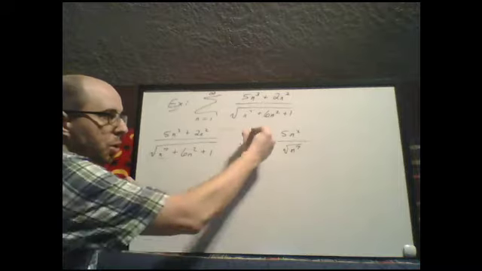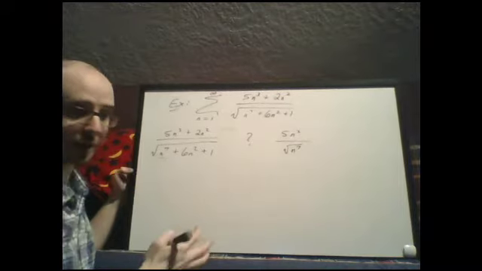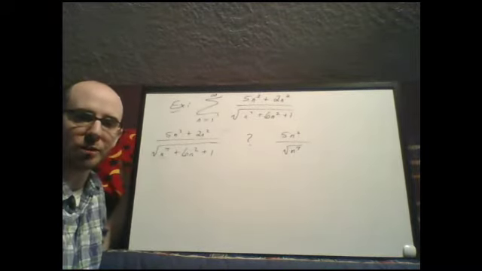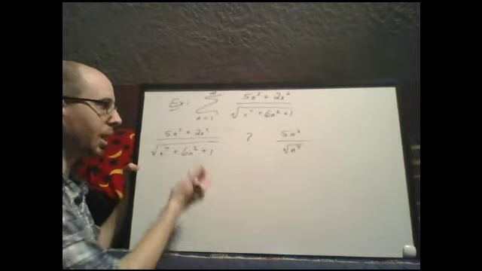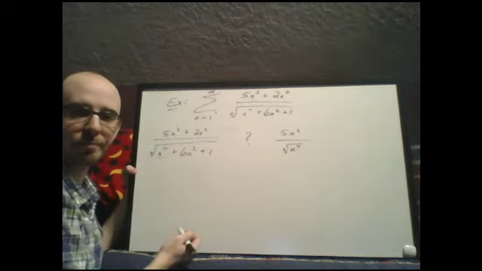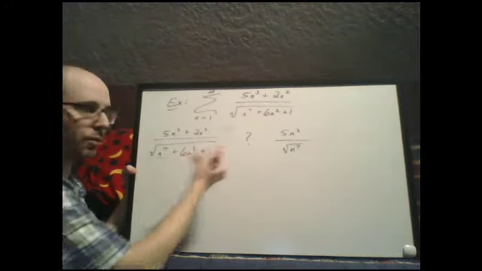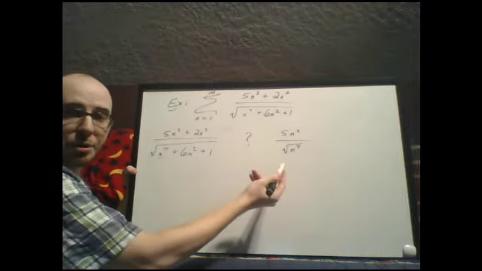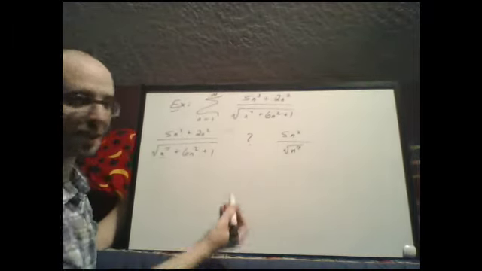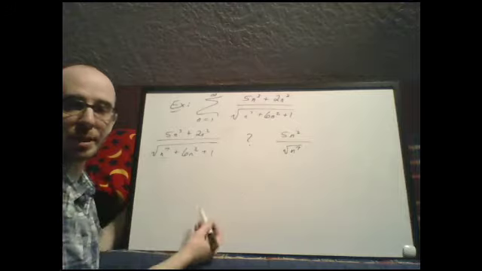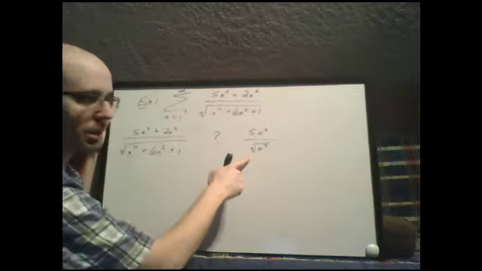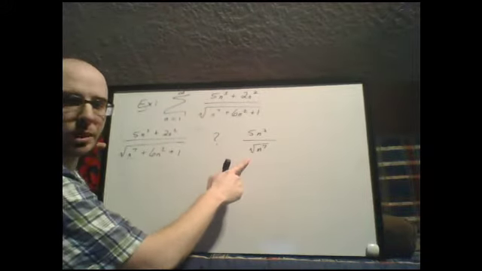So I don't really know how they compare. But I don't care how they compare if I use the limit comparison theorem. I'm just going to look at the fraction, this divided by this, and compute that limit. And if I get an answer, that tells me that these two series would have the same behavior. But before we do that, let's conclude what this series does.